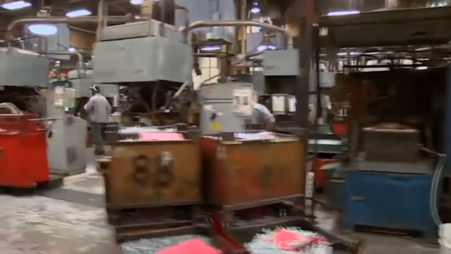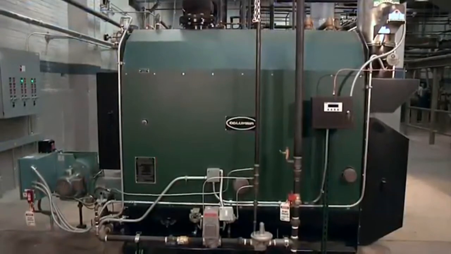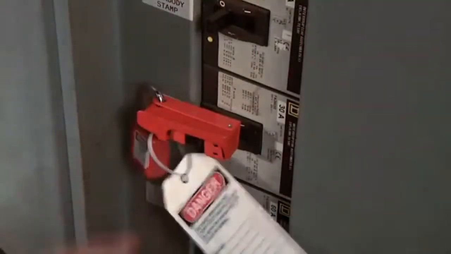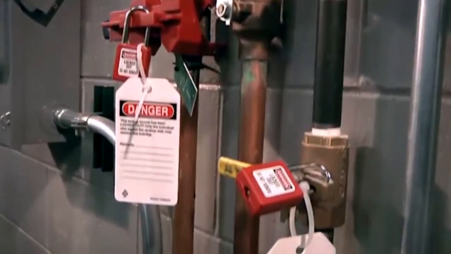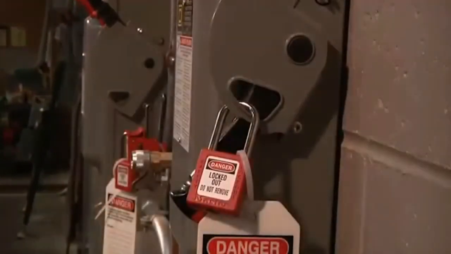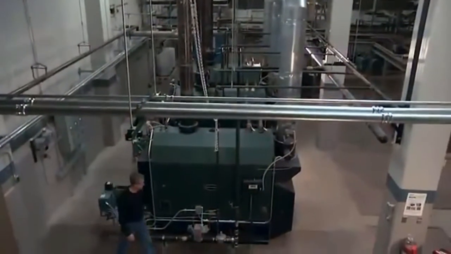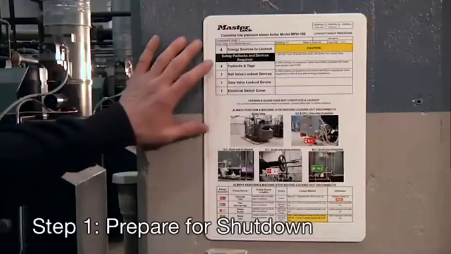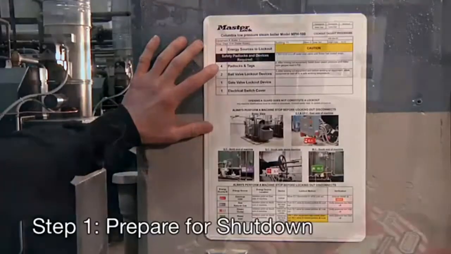Every piece of equipment must have its own particular procedure for lockout. It may mean locking out a circuit breaker, locking a valve in the off position, or using a disconnect switch, to name a few. In general, there are 7 steps for safe lockout tagout. First, prepare for shutdown.